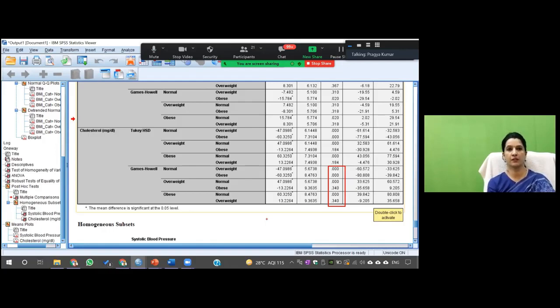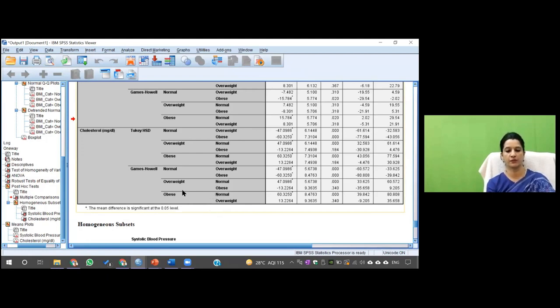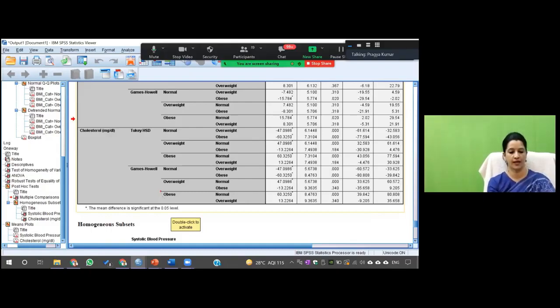It's better that you start with the lower row, because here you will find the positive one. The lower row gives you the positive value, because it subtracts the higher from the lower, and then you can take this overweight and obese.